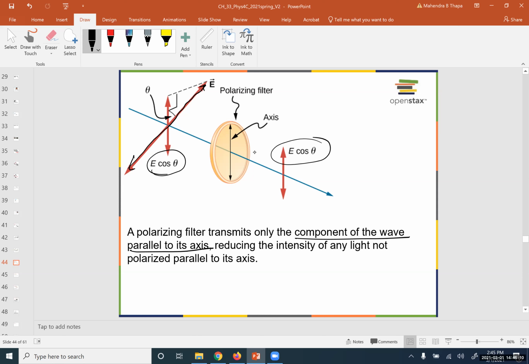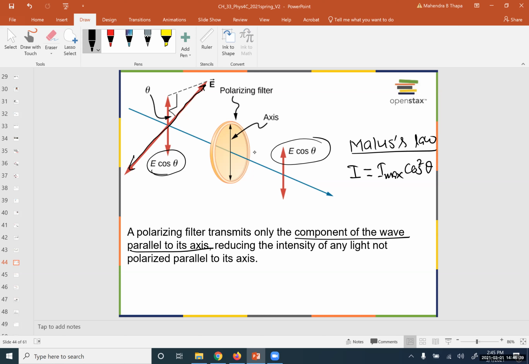We can state it as a law. It's called Malus's law. What it says is that the intensity of the polarized light is equal to I max cosine square theta, where theta is this angle.